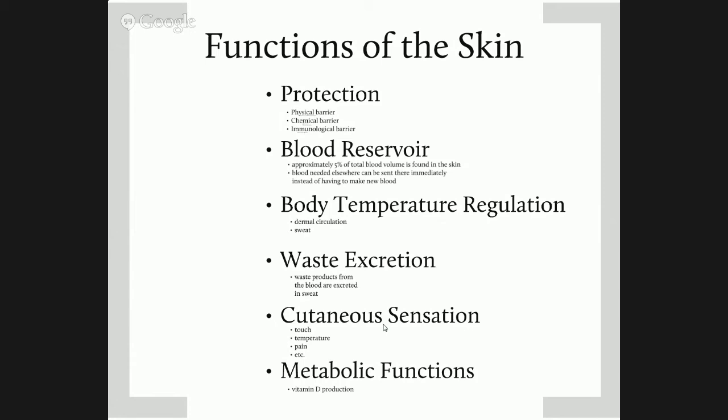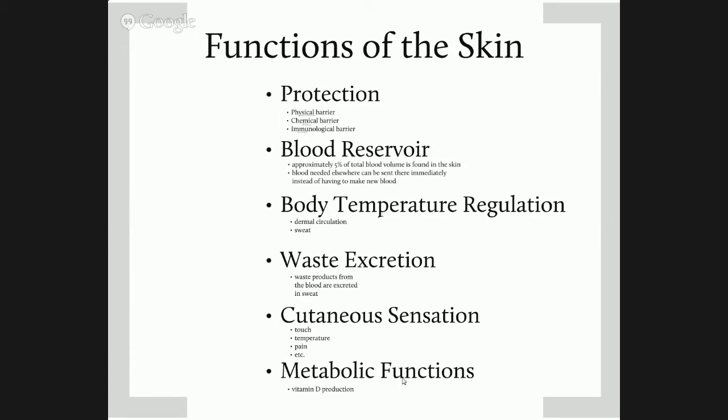And then finally, just to mention in the book, there's a nice little sidebar about this. Part of the metabolism of vitamin D requires the skin. Part of producing active vitamin D requires UV radiation for the chemistry to work. And the only place that we have high levels of UV radiation is in the outer layers of our skin.